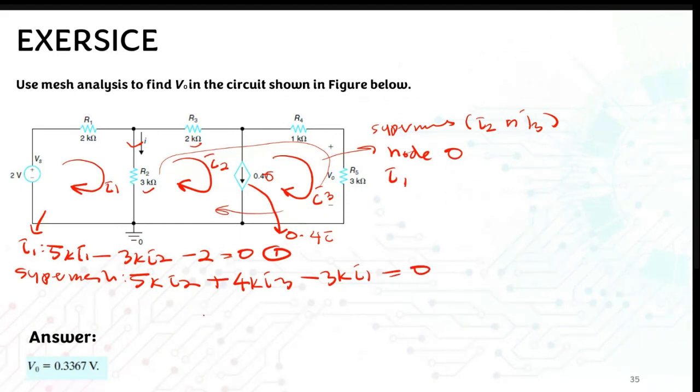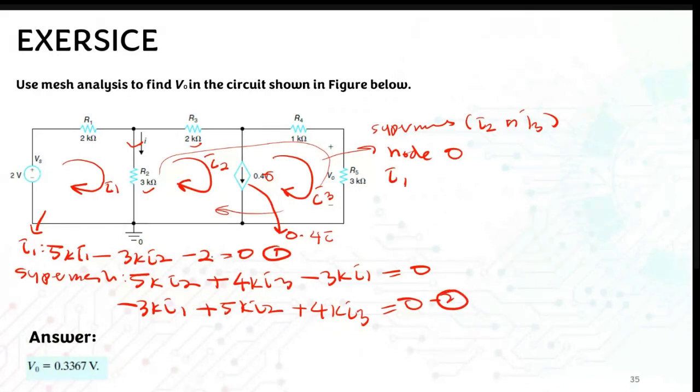Then you might want to rearrange these equations, so you will have negative 3k I1 plus 5k I2 plus 4k I3 equal to 0. So this is going to be your second equation.